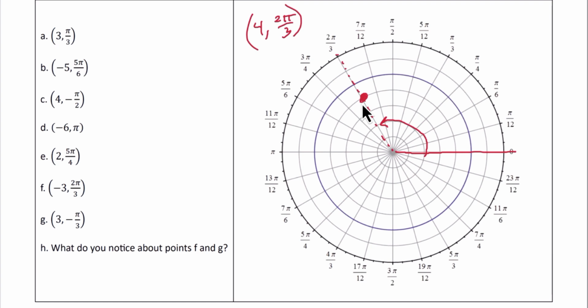One alternate way to represent that exact same point would be to change the angle. Starting again at the polar axis, we could rotate around one full revolution and then come back to the same angle. Here, we still have r at 4, but the angle is one full revolution, 2π, plus 2π/3.